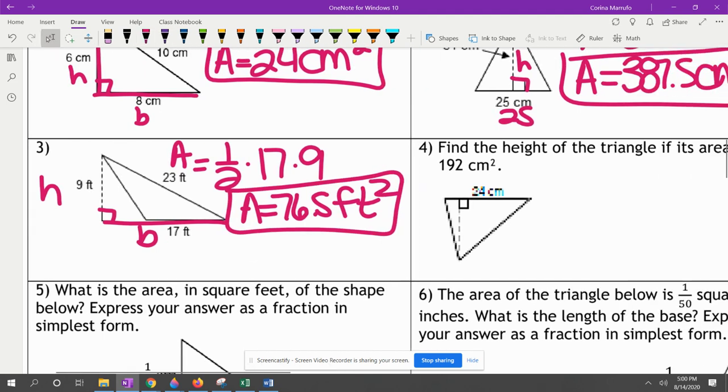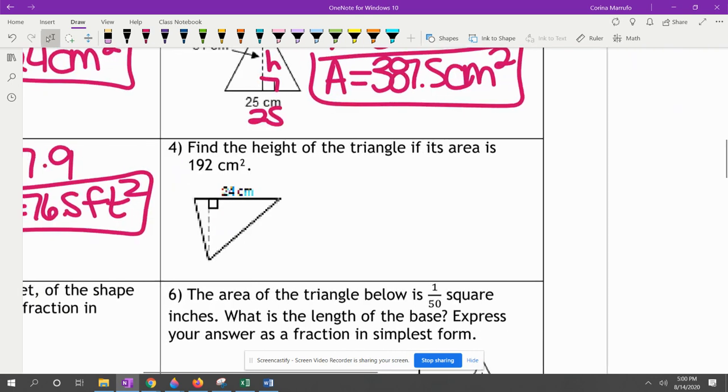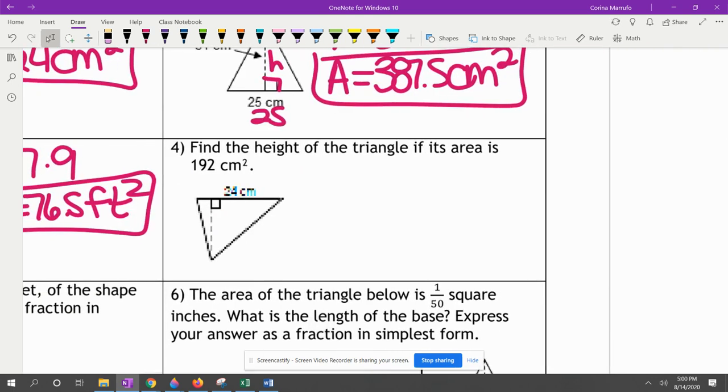And the last example like this, it says find the height of the triangle if its area is 192. So now we're working a little bit backwards. So we know that the area of a triangle is 1/2 base times height. Okay, using the information that they give us, they tell us that they want us to find the height.